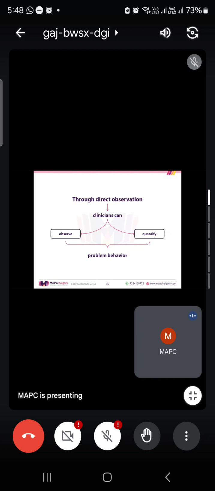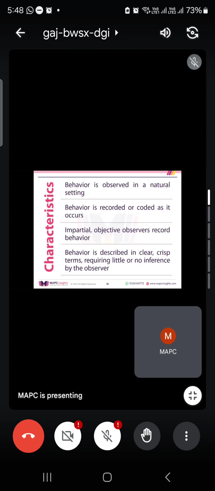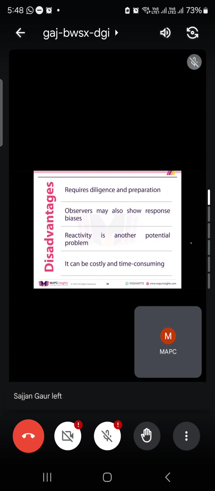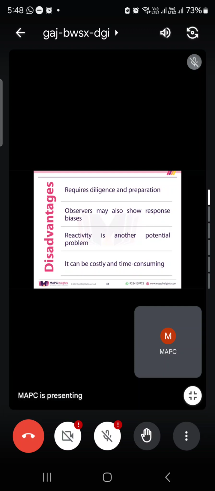Through direct observation, clinical psychologists can observe and quantify the problem behavior. The behavior is observed in a natural setting.